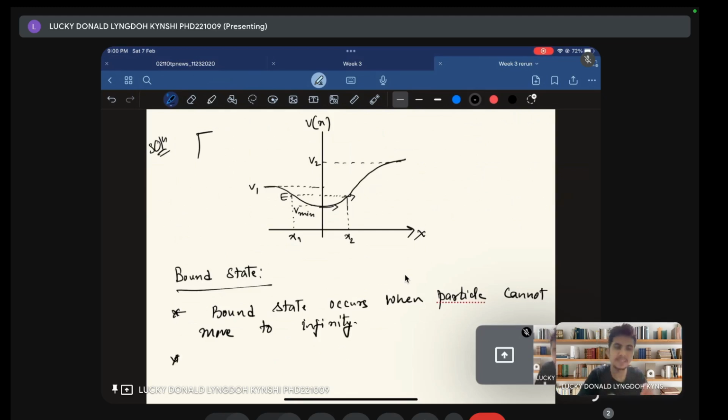That means it is bounded from one side and the other side also. For example, here E is greater than V minimum, but it is less than V1. Since the energy of the particle is less than the potential V1, it cannot move beyond it, but it's greater than V minimum, so it is free to move between x1 and x2.